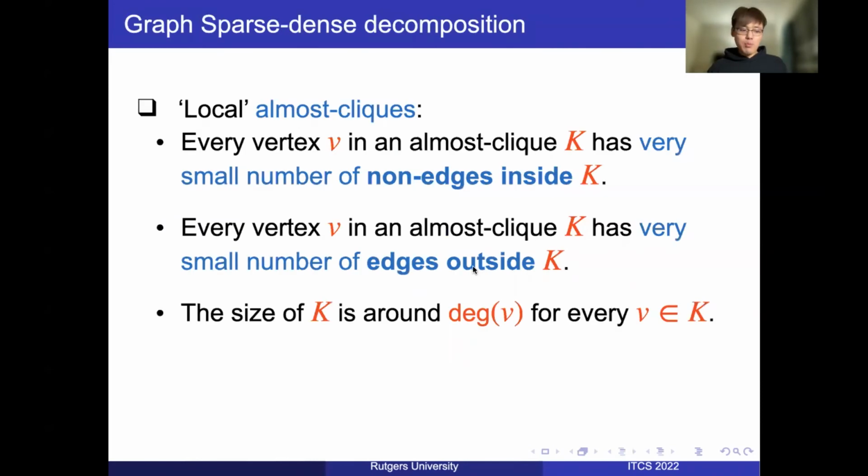So the guiding principle here is that for each almost clique, we have this local almost clique. For each vertex v in an almost clique K, it has a very small number of non-edges inside K and very few edges outside K. And its size is around the degree of v for each vertex inside.